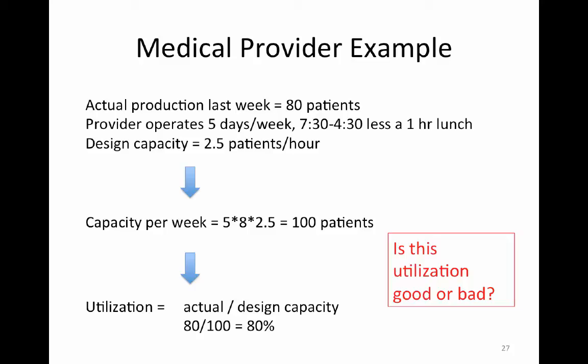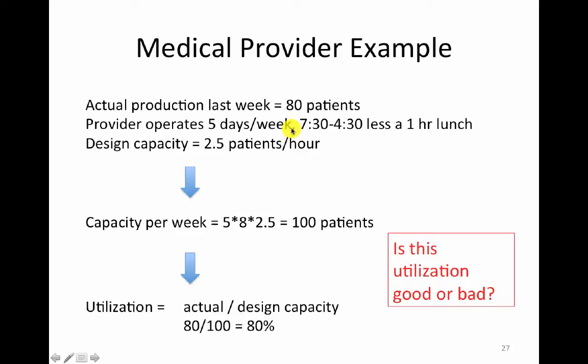The design capacity, the average for this provider, is 2.5 patients per hour over the course of the year. Well, the capacity per week is just 5 days times 8 hours a day times 2.5 patients per hour. So you'd expect that 100 patients could be seen by this provider per week. That's the capacity.